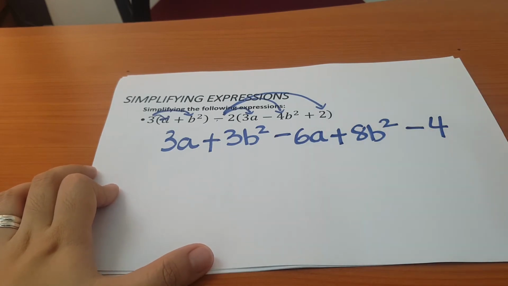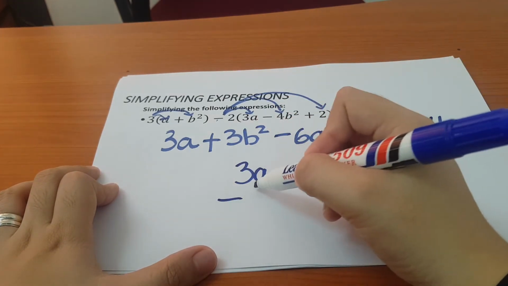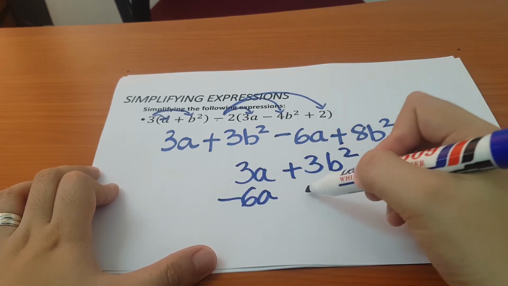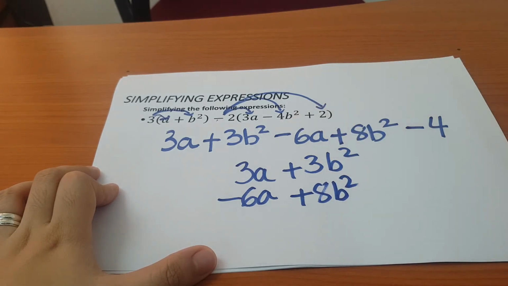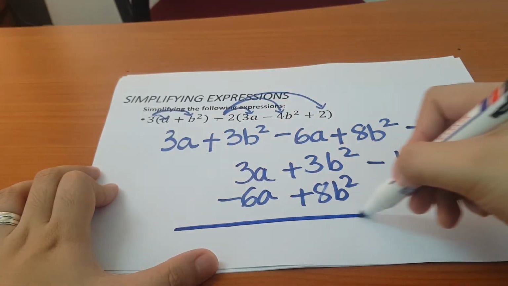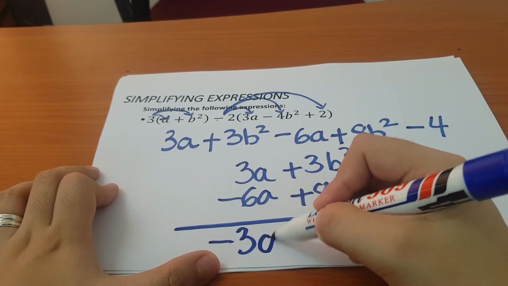And since we have removed the brackets, we can now simplify them by grouping them together. So you have 3a with minus 6a, 3b squared with 8b squared and minus 4. So 3 minus 6 is minus 3a.